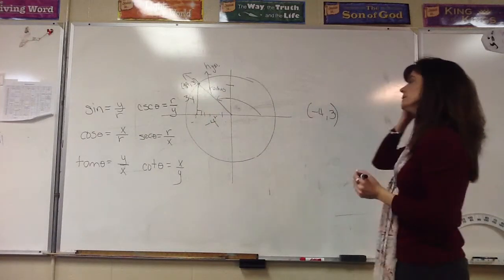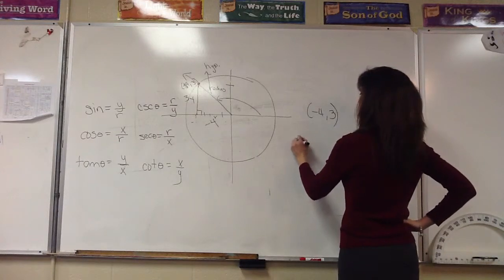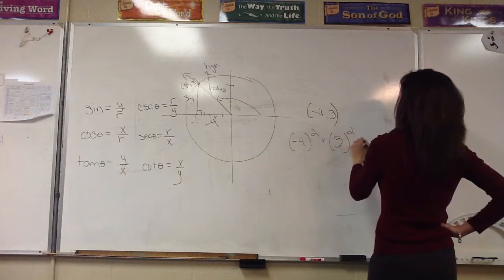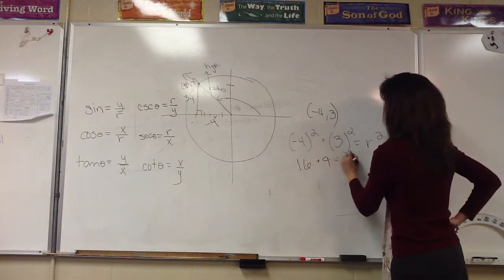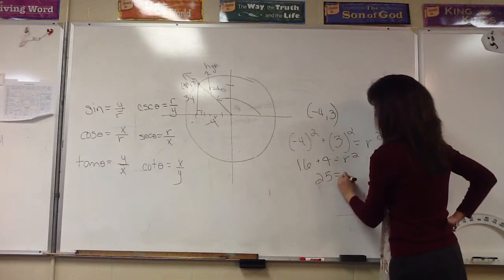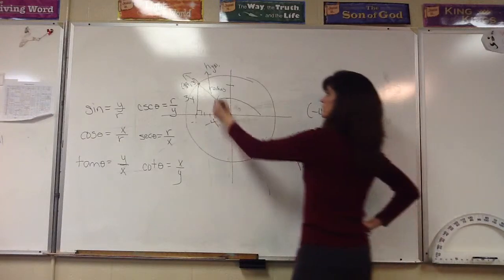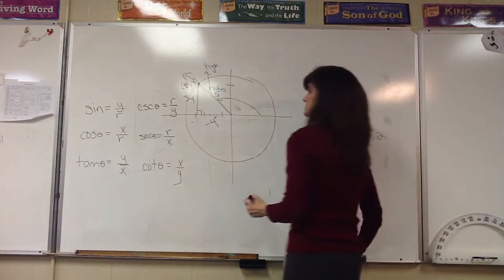Now, of course, I'm going to need to find the radius, and the way that we can find that is by saying -4 squared plus 3 squared equals radius squared. And that's going to be 16 plus 9 equals radius squared, or 25 equals radius squared. Take our square root, and our radius equals 5. Now we can find all 6 functions.